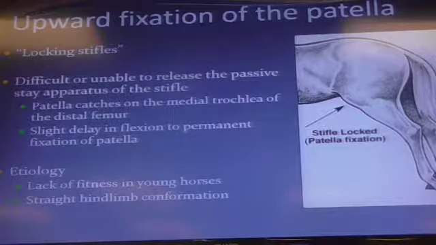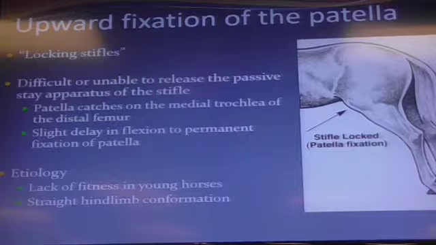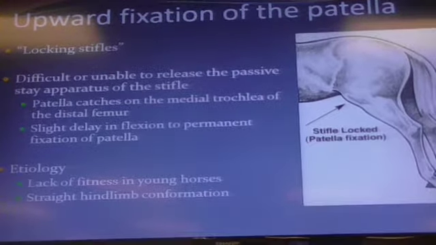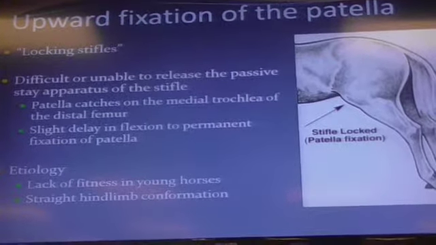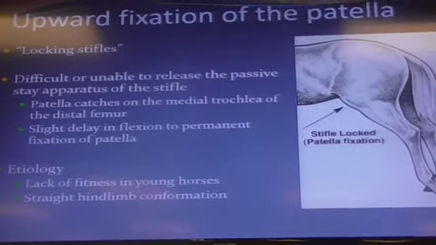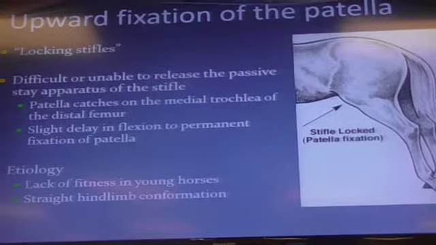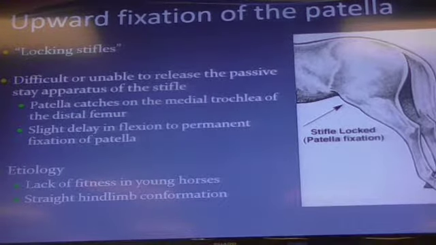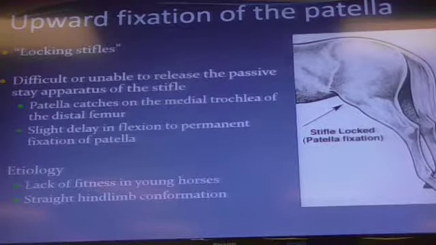So this is called locking cycles, upward fixation of the patella. What happens is that the passive stay apparatus that allows the horse to stand there and doze without falling down when he's asleep fails to release. What helps that horse stand there is that he takes his medial patellar ligament, remember horses have three, and locks it up on top of the medial trochlear ridge of the femur.